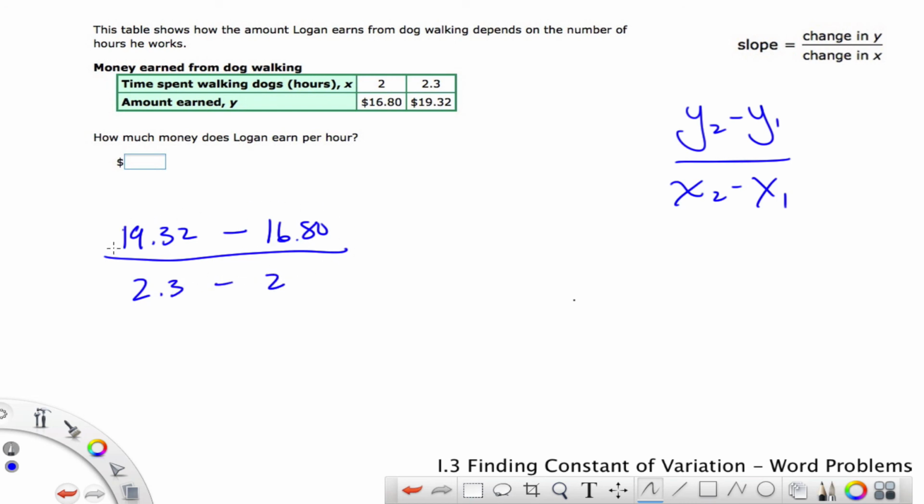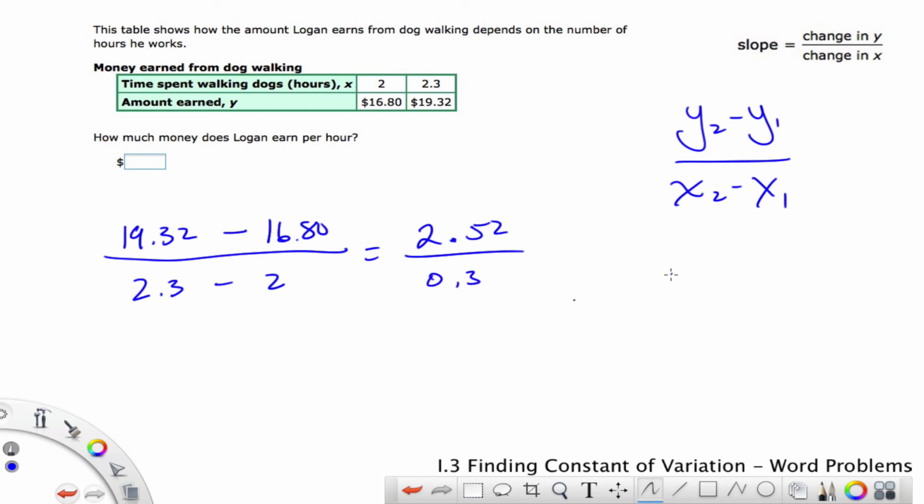So again, change in y over the change in x. So if I add $3 here, that's too much, so I know it'll be $2. That's 1880. I need 20 more cents and 52 cents. So I'm doing reverse addition to get up to 1932. And 2.3 minus 2 is 0.3.